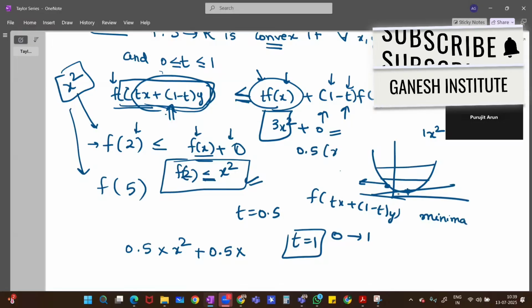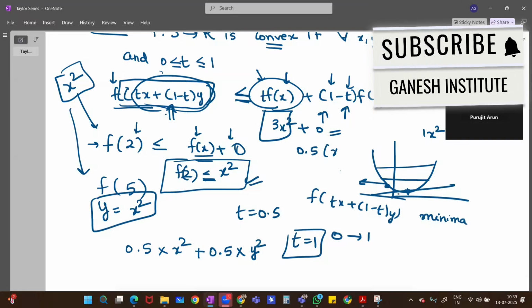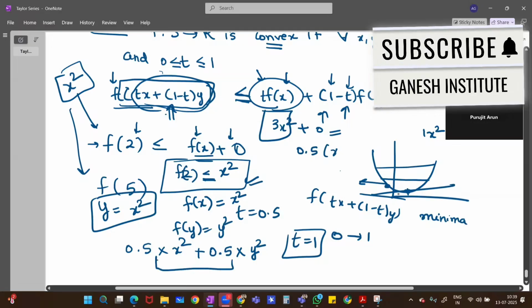If it is f(y), then it is y square. What is f(x)? The value of the function at x, so that will be x square. And f(y) at y is y square.